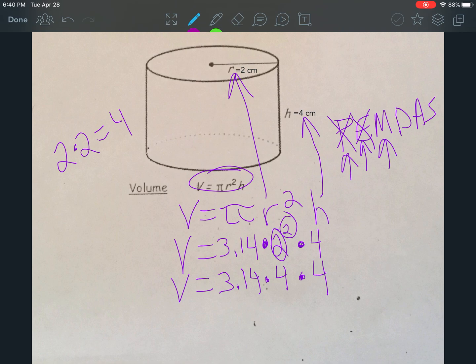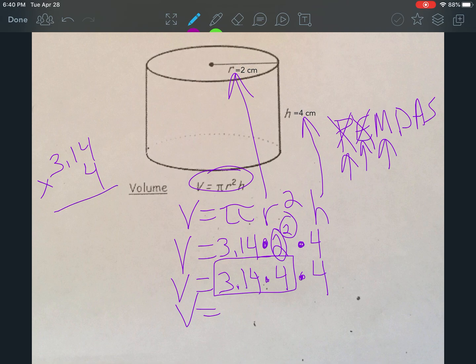The first thing we do is start from left to right. Now, we don't show our work down below here, okay? We always want to use a workspace off to the side to do our actual work. So we take our 3.14 and multiply it by the number 4, because I'm doing this part right here. 4 times 4 is 16, carry the 1. 1 times 4 plus 1 is 5.